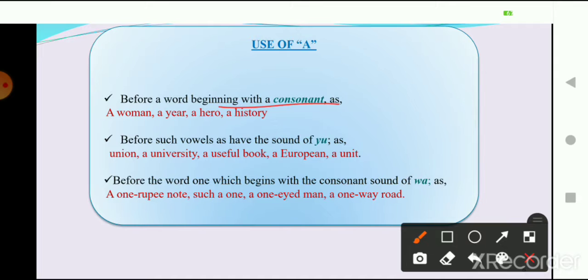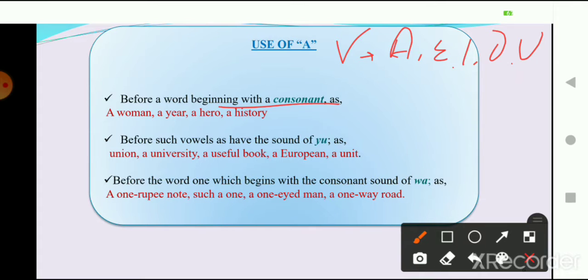Students, I hope all of you already know what consonants are, but for your knowledge I am going to repeat it again. As you already know, vowels are the letters A, E, I, O and U, right?